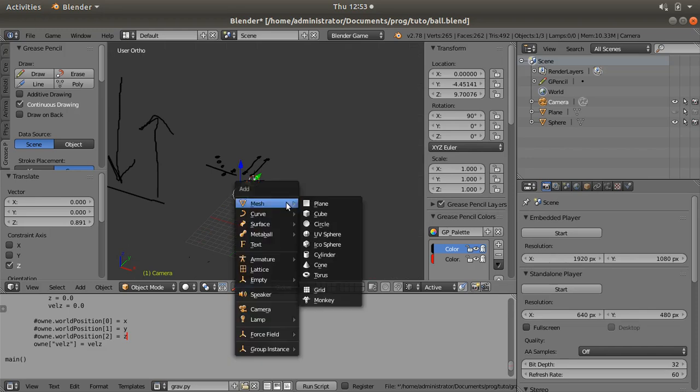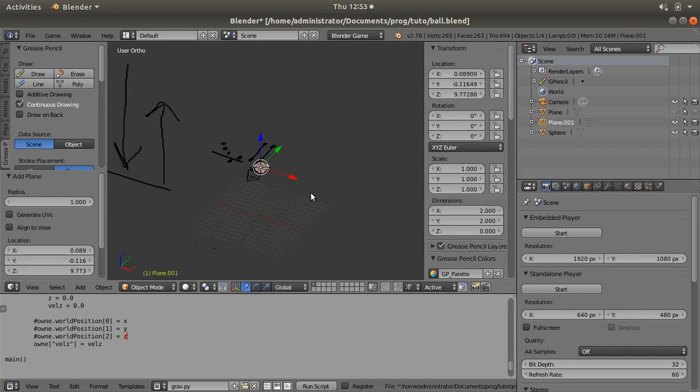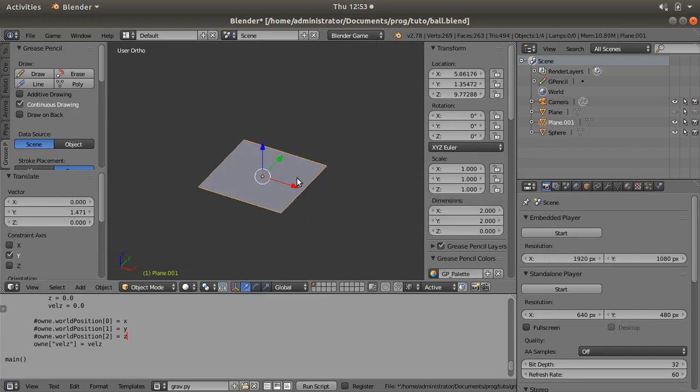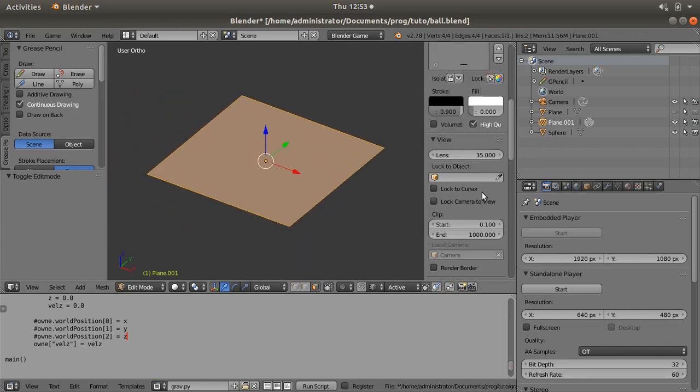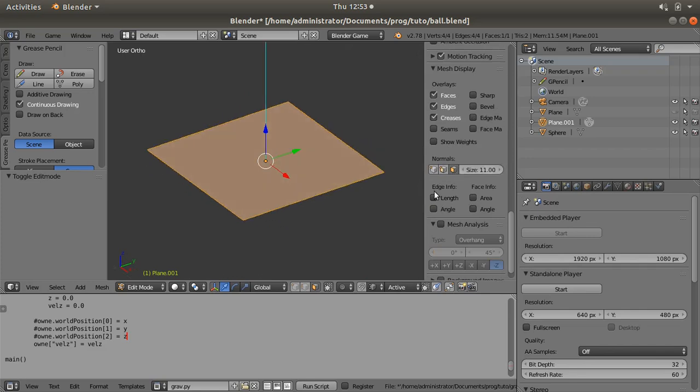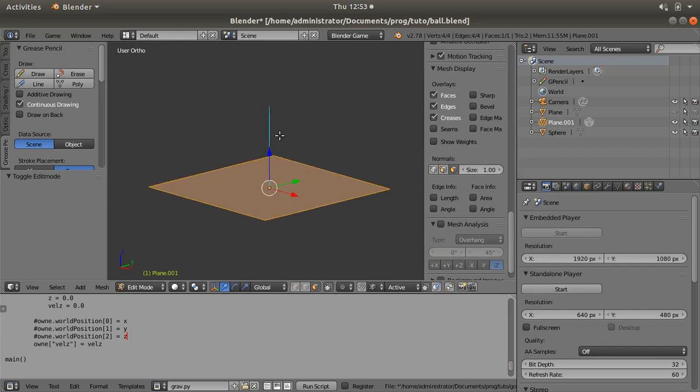If I make like a plane, you can see the normals here. So the normal of a plane is basically a vector that has the length of 1, and it extends orthogonal or perpendicular to this plane.